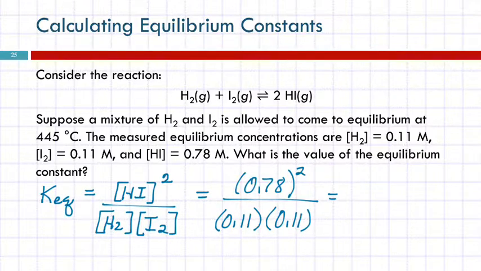And now you need to make sure that you can communicate with your calculator. So I'm going to do 0.78 and press the x squared button. And then I'm going to divide by 0.11 and divide by 0.11. And I'm going to come up with 50.28.